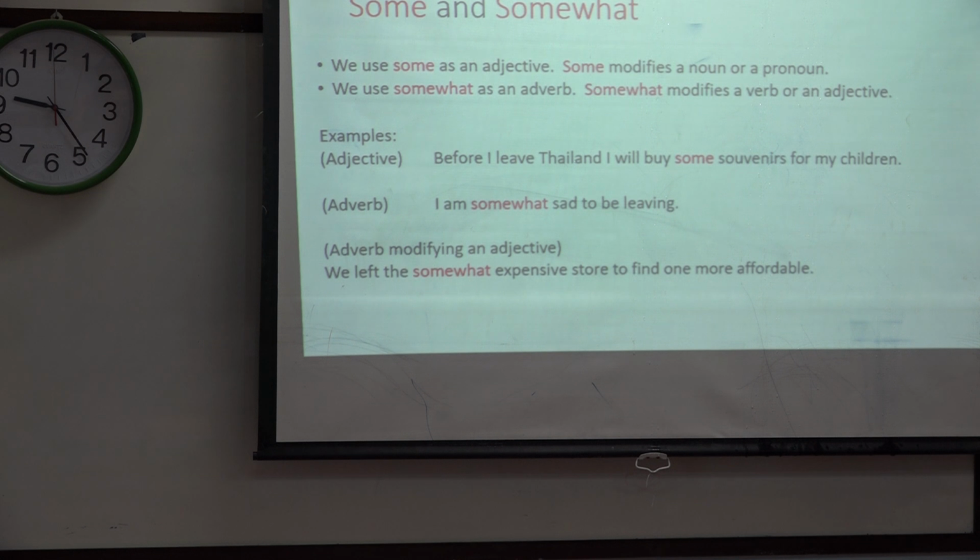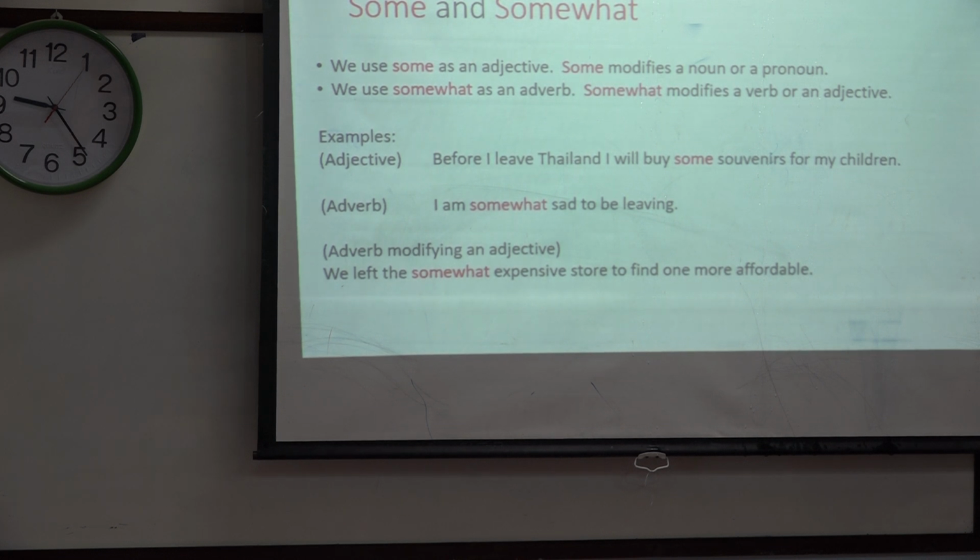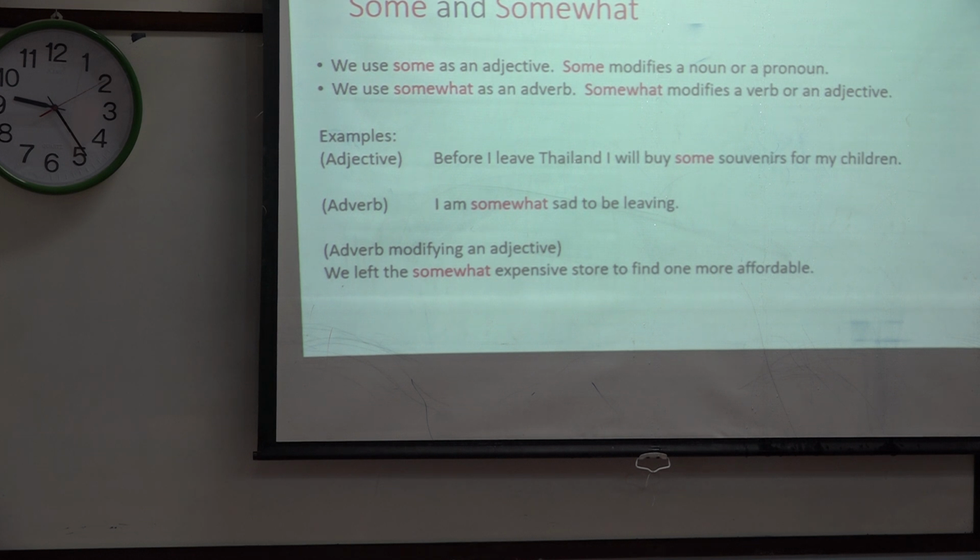Here's another one that we get mixed up a lot. So you've got a lot to think about already, right? Here's another one that we get mixed up a lot. We use some as an adjective, and so it's going to modify a noun or pronoun. And we use somewhat when we want to modify a verb or another adjective.